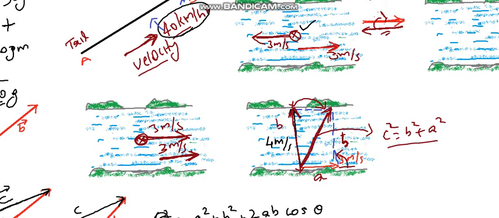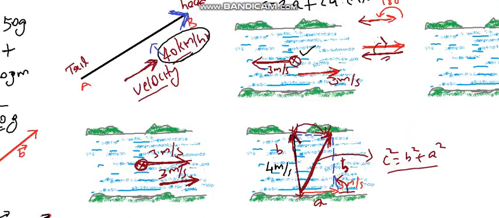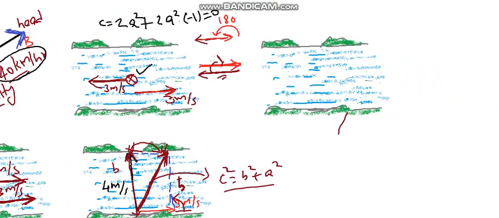That means how much speed he has in this situation, but he will be reaching a different point. If he wants to reach the same point, for example here, let's consider this case.